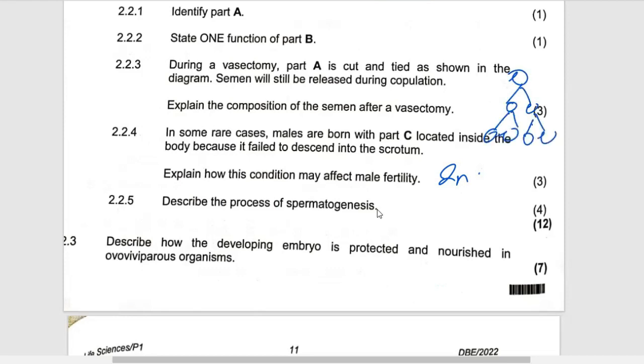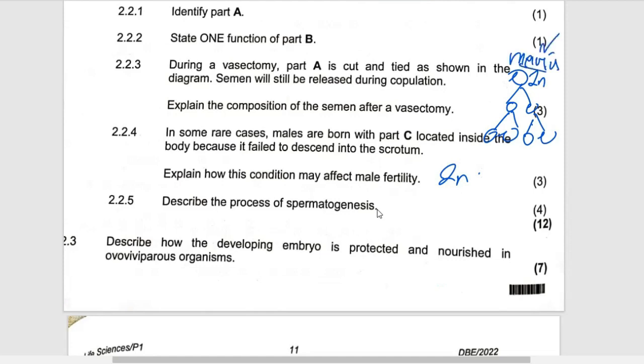These are the ones which form. So under the influence of testosterone, we give you a tick for mentioning the word testosterone. The diploid cell, which is 2N, will undergo meiosis. That is also a tick.